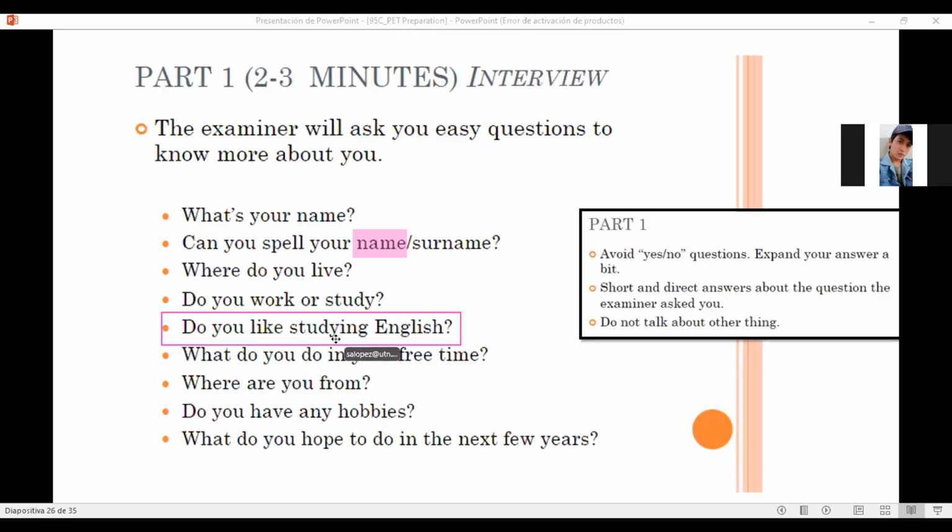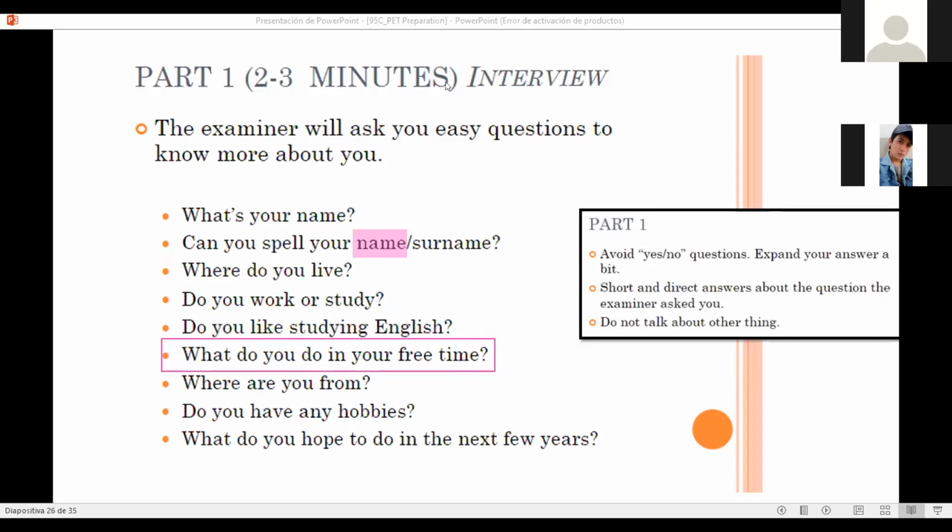What do you do in your free time, Melanie? What do you do in your free time? Okay. In my free time, I try to relax watching a series or movies on Netflix or sleeping.